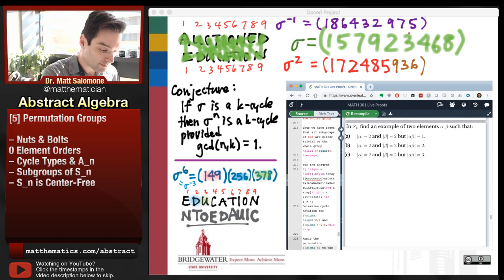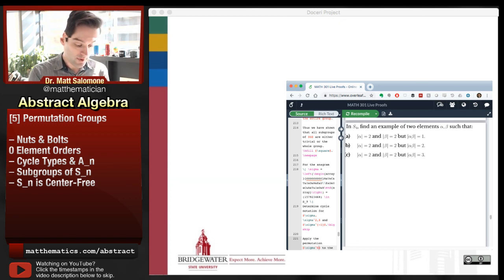So real quickly, the cautionary tale that I have in thinking about order, and this is true in any group, is that order does not always behave the way that you want it to with respect to a product of elements. In particular, the order of a product can be completely unrelated, in many cases, to the product of the orders.